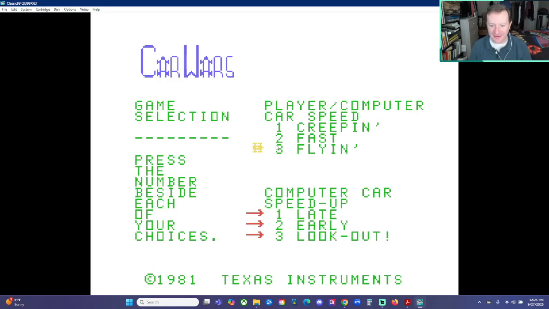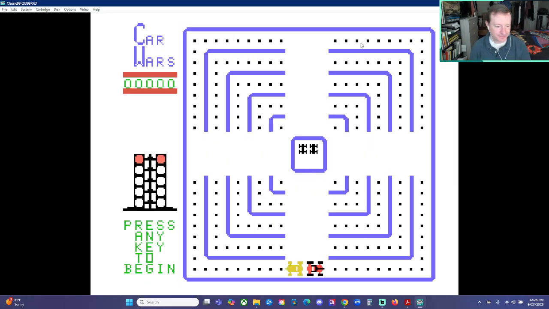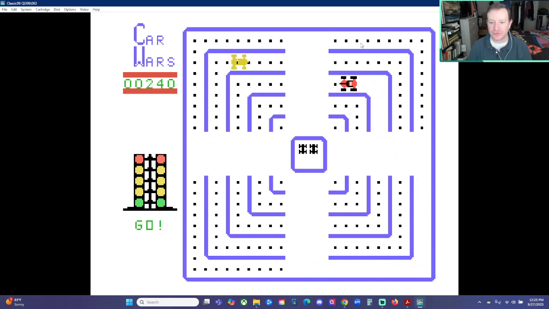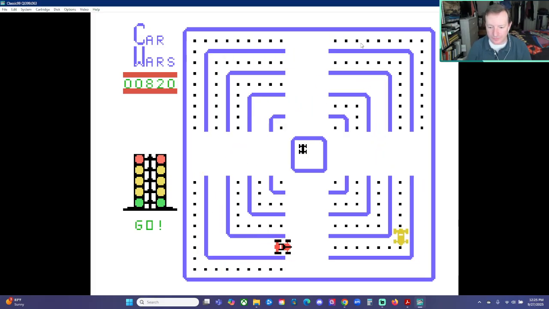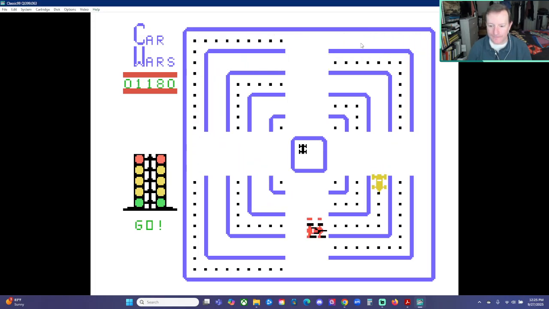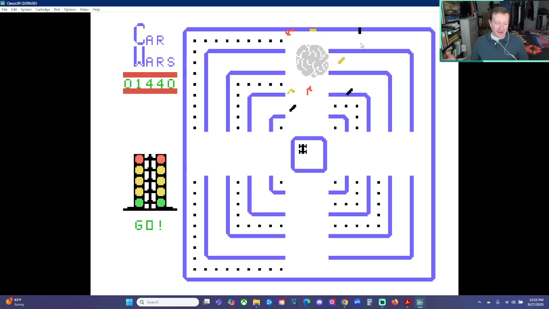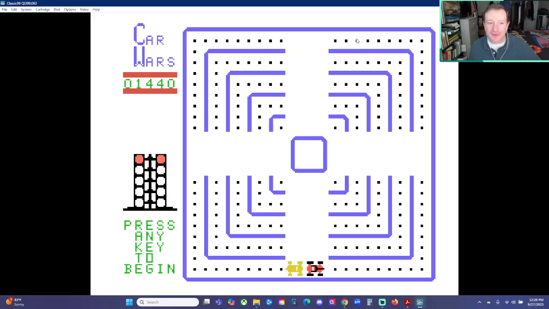Let's do fly in and look out. You can see why it's impossible to be good at this game. So you can see the system itself was pretty fast. Anyways, that's a game called Car Wars, quite popular on the system.